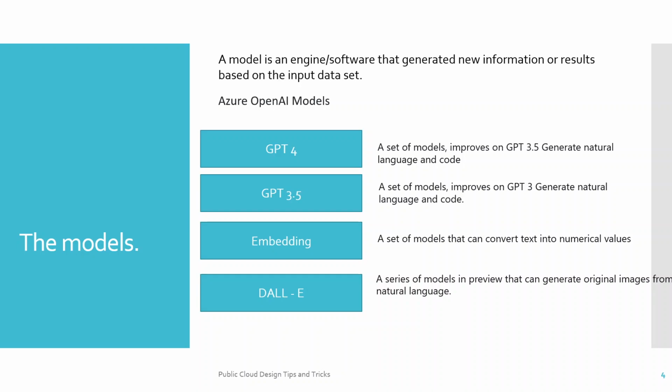The same goes for GPT-3.5, which is again an enhanced version of GPT-3. Embedding is a set of models that can convert text into numerical values. And DALL-E is still in preview. It is a series of models that can generate images from natural language. So that is how it works, these four categories.